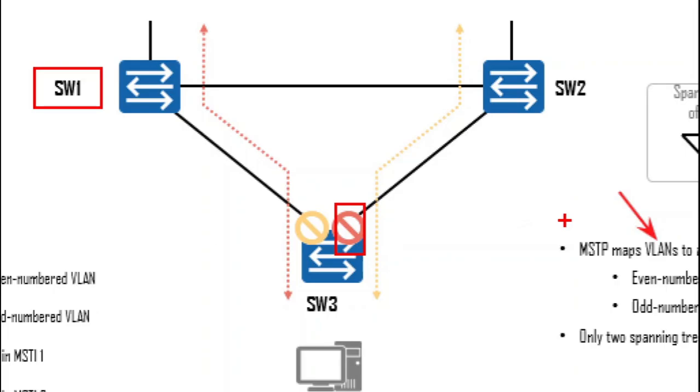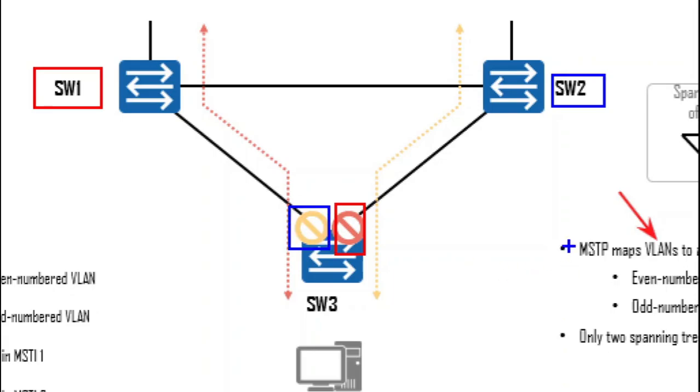Are we together? On the other hand, for this other tree, MSTI2, we make switch 2 the root, and we block this one.